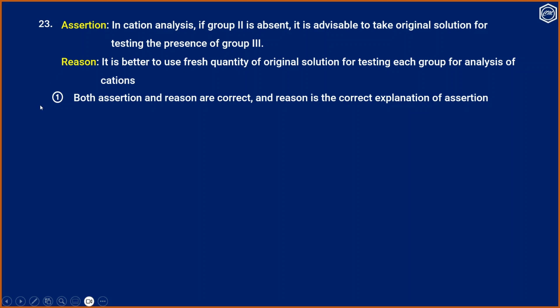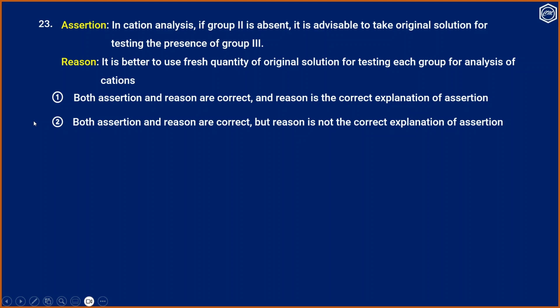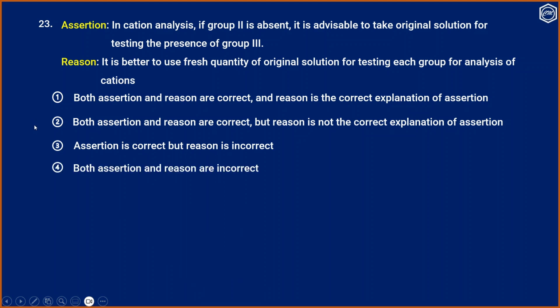Option 1, both assertion and reason are correct, and reason is the correct explanation for assertion. Option 2, both are correct, but reason is not the correct explanation. 3, assertion is correct, but reason is incorrect. 4, both assertion and reason are incorrect.